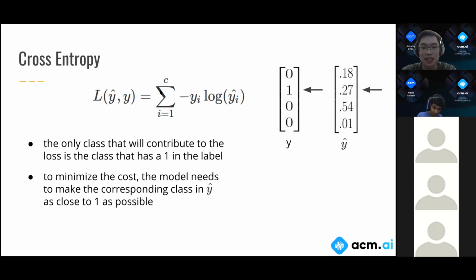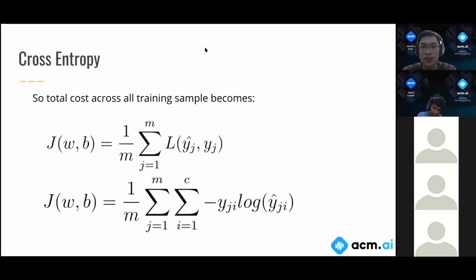So yeah, hopefully that gives you some intuition of how the cross entropy works. I think it's pretty similar to log loss, but it's a generalization that applies to C number of classes instead of 2 classes. The total cost across all training samples becomes something like this.